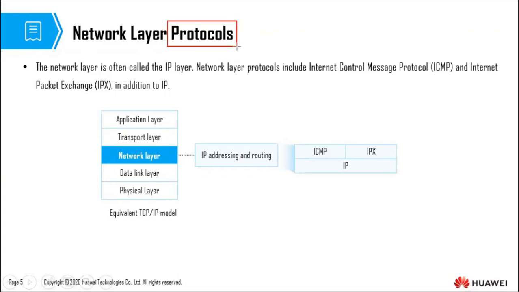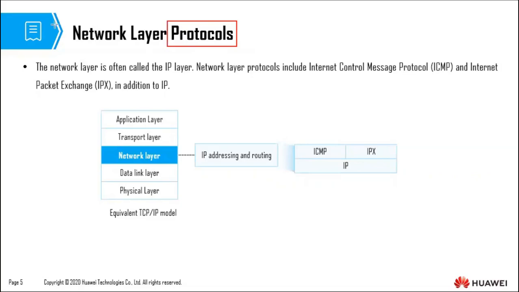Can someone remind us what is a protocol? Yes, Fritz. Policy. Exactly. So protocols are rules. You can also call them policy. They are rules that specify how the data is going to be formatted and also forwarded. Are you getting the point?